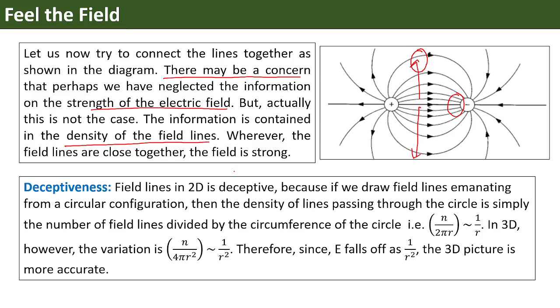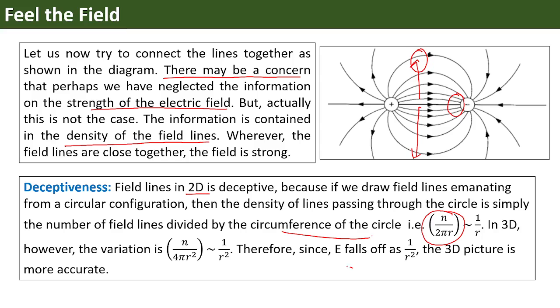Now there is, however, a small deceptiveness. What is the deceptiveness? Field lines in a two-dimensional structure are actually deceptive, because if we draw field lines emanating from a circular configuration, then the density of lines passing through the circle is simply the number of field lines divided by the circumference of the circle. That means how many lines are actually passing through the circumference of the circle.